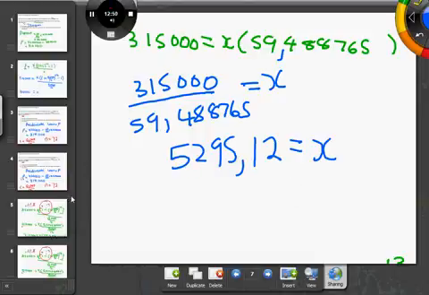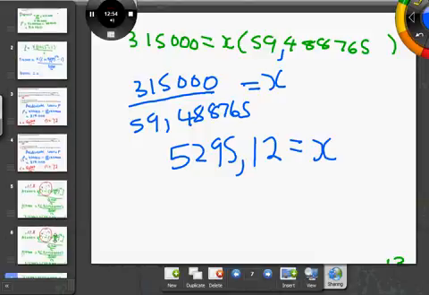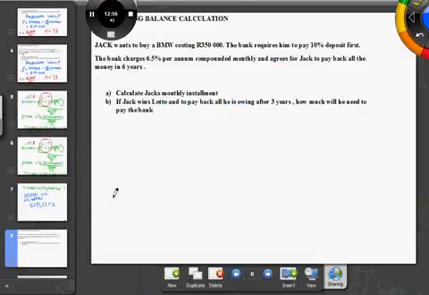So now let's go back to our story so that we can understand what is going on. So here they are now telling us that if Jack wins Lotto, which means now he has got a lot of money, and decided to pay back all he is owing after 3 years.